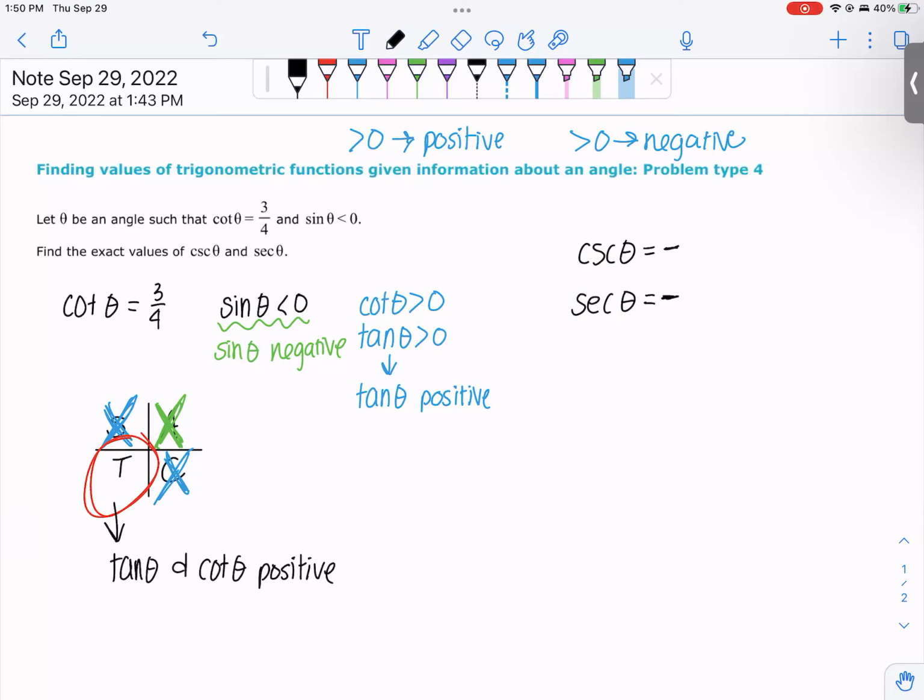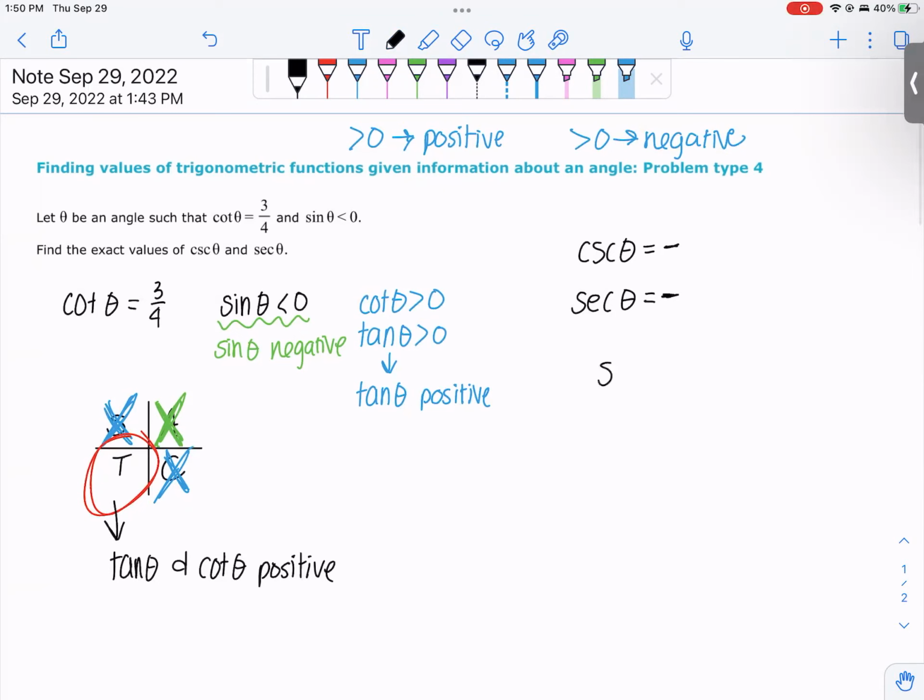The next thing is finding out the actual values of cosecant and secant. We're going to use our right triangle to set this up. Now, we know SOHCAHTOA, right? So for cosecant, cosecant is soulmates with sine.